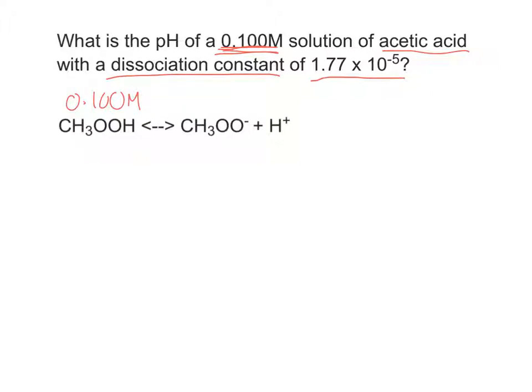So the concentrations of these two products are going to be the same, x and x, which means we're going to end up with an x squared. So here's how we're going to set this up. We're going to use the dissociation constant, and we're going to use the concentration of the acetic acid to work out what the concentration of the hydrogen ions would be, and then we can find the pH using that.